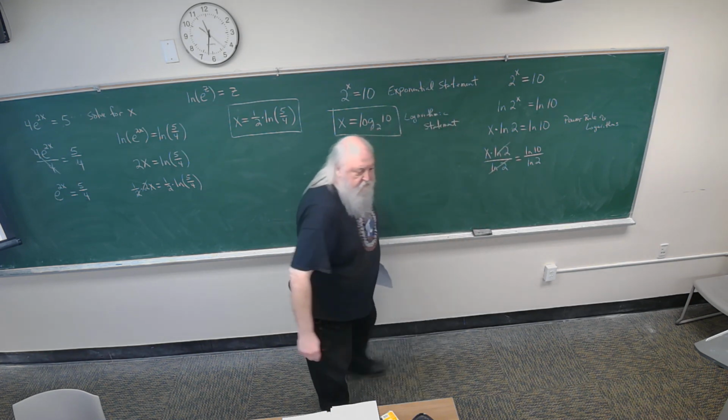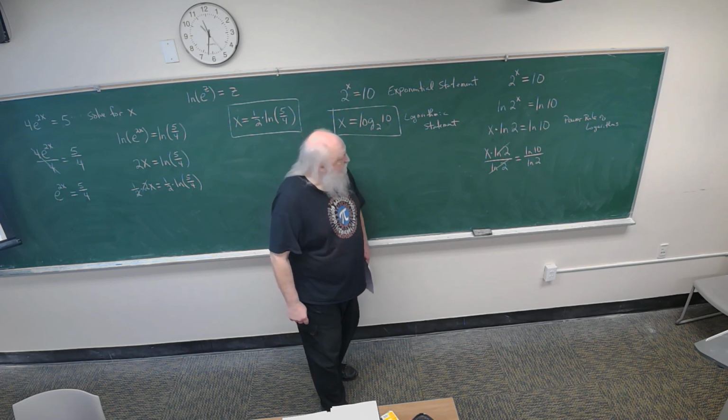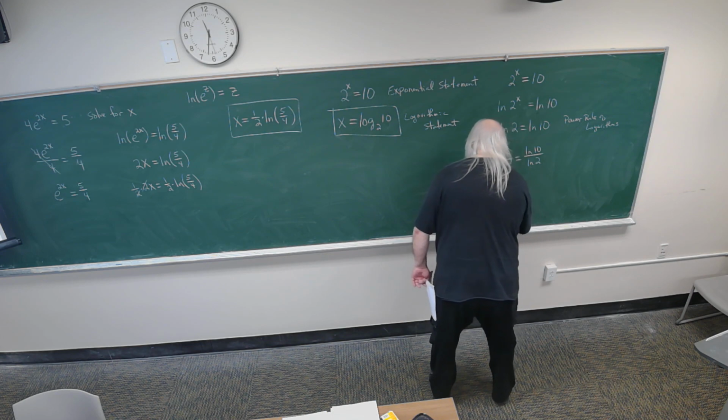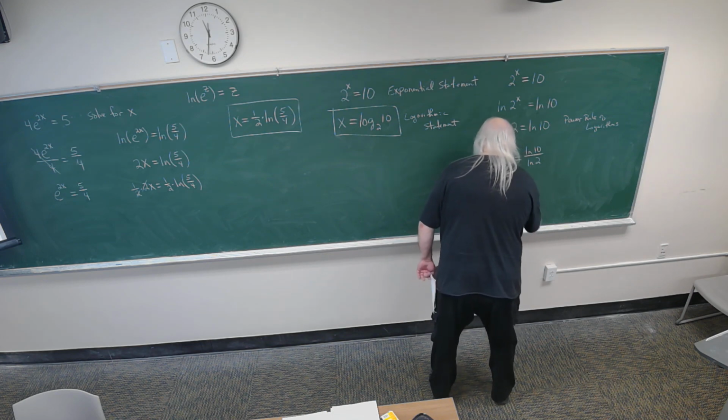The natural log of 2 cancels on the left in the numerator and denominator, and I'm left with x is equal to the natural log of 10 divided by the natural log of 2.